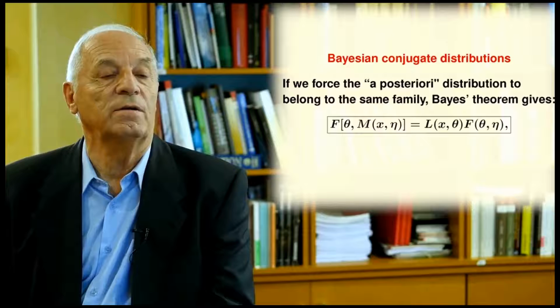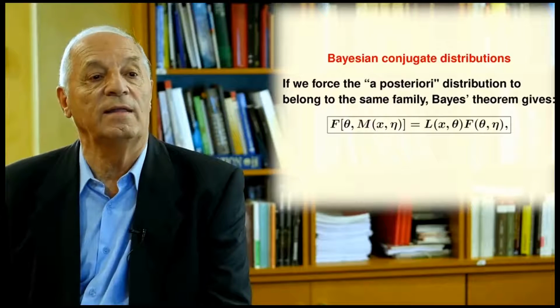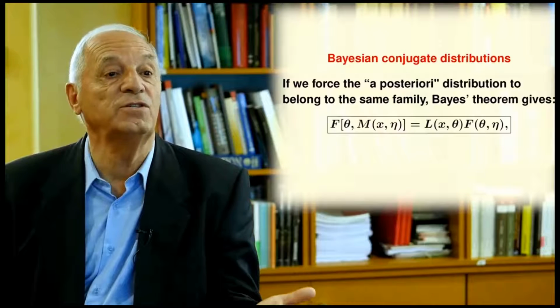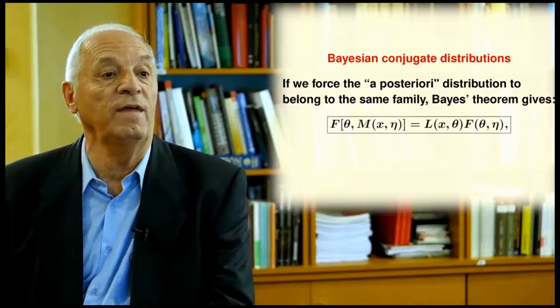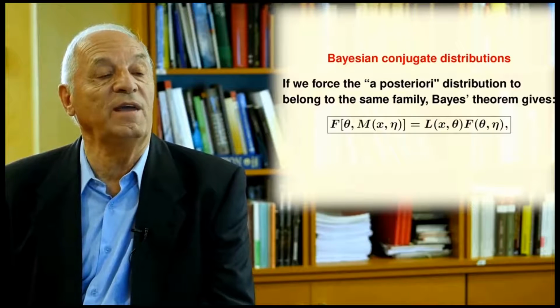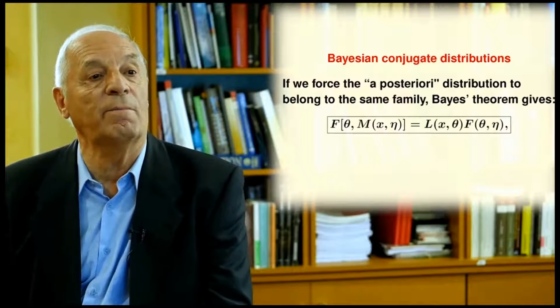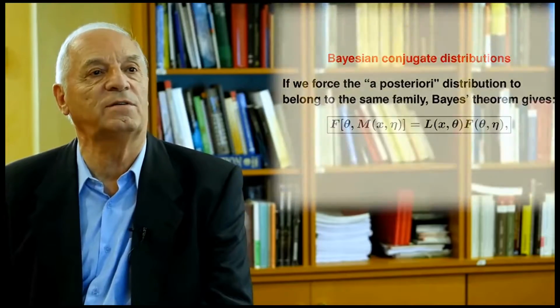That is the posterior. If I want the posterior to be in the same family of the prior, this posterior should be written as an f function, the same as the prior, times of theta, and the new parameter should be a function m of the sample x and the prior parameter eta. This is a functional equation that can be solved, and then you get all conjugate distributions.